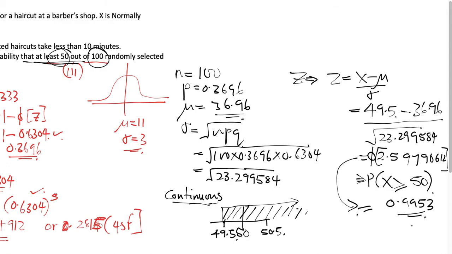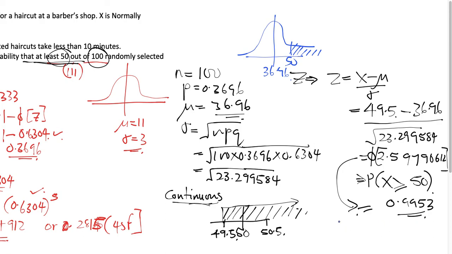Let's draw the new bell curve. The mu here is 36.96 and we are looking at more than 50, which is somewhere here. So more than 50 will not be anything more than 50%; it should be less than 50%.